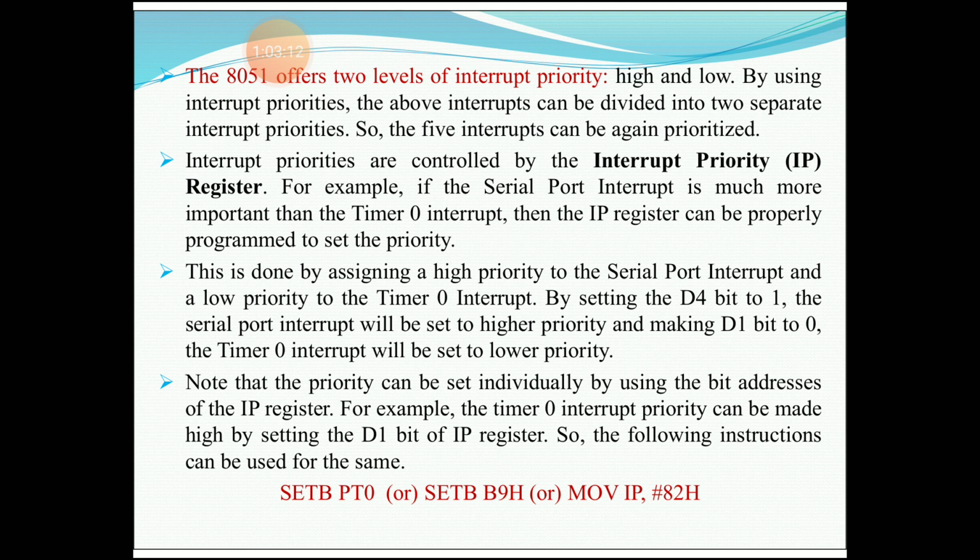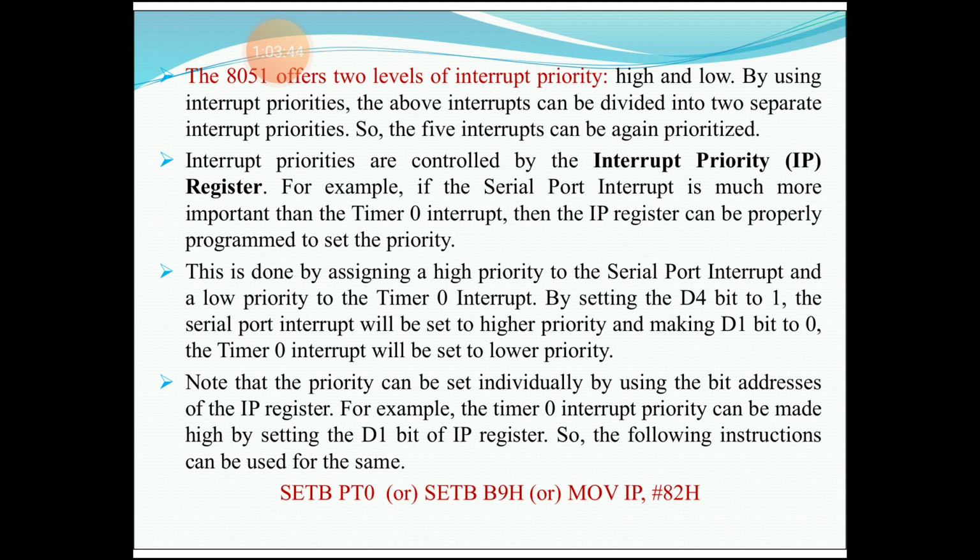For example, if the serial port interrupt is the lowest priority from the table, and you want to set it to the highest priority, you use the IP register. So the serial port interrupt becomes more important than the timer 0 interrupt by changing a bit in the IP register. This is done by assigning high priority to the serial port interrupt and low priority to the timer 0 interrupt.